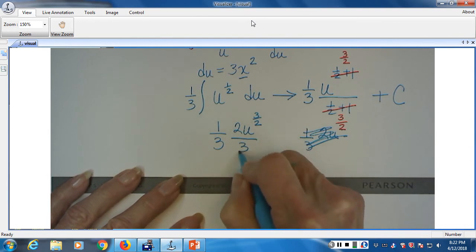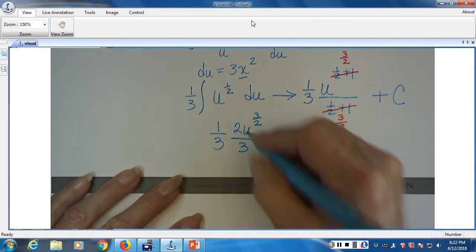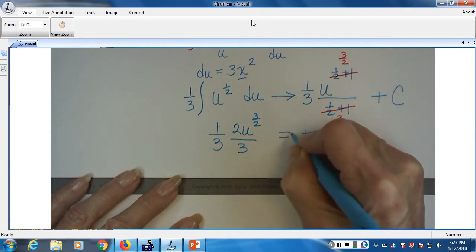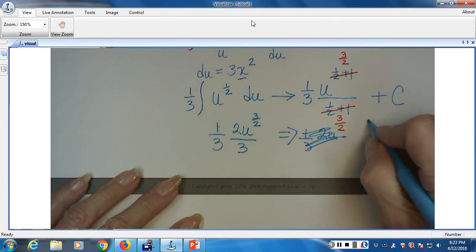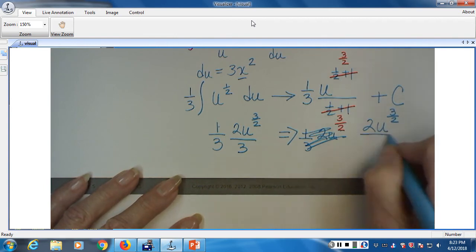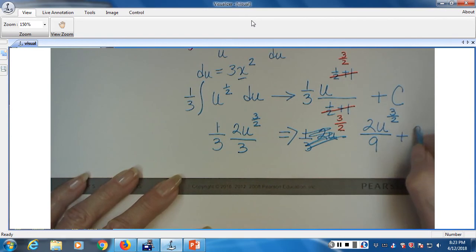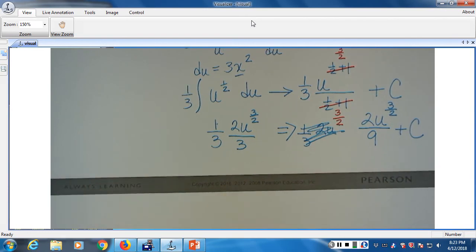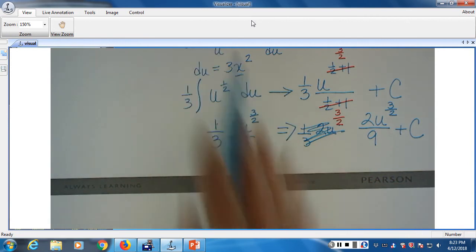And the 3 is going to stay where it is. 1 times 2u to the 3/2 power is going to be 2u to the 3/2 power, and then 3 times 3 is going to be 9, plus a constant. And even though you think the u is actually an annoyance and aggravating, it's easier to write it and eliminate the clutter that you've got with this until you go to your last step.